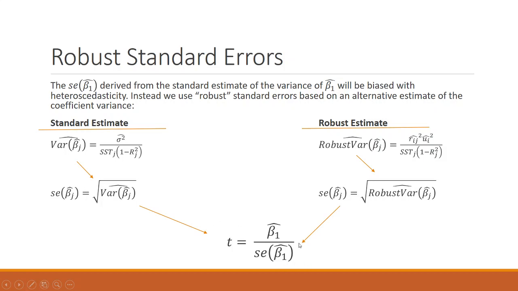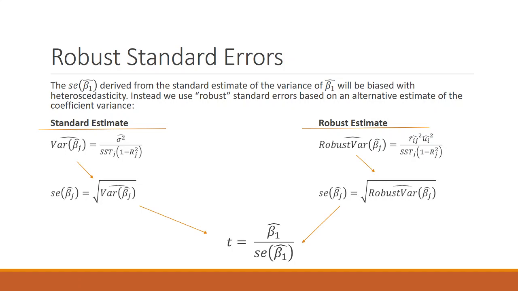But now instead what we're going to do is we will calculate a robust version. So this is just a different estimate of the variance of the coefficient, which will give us a different estimate of the standard error and a different estimate of the t-statistic. But in this case, it is robust even in the presence of heteroskedasticity.